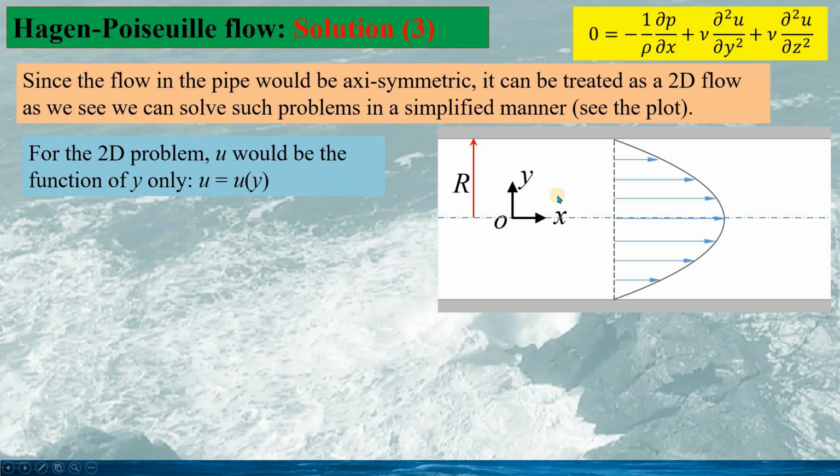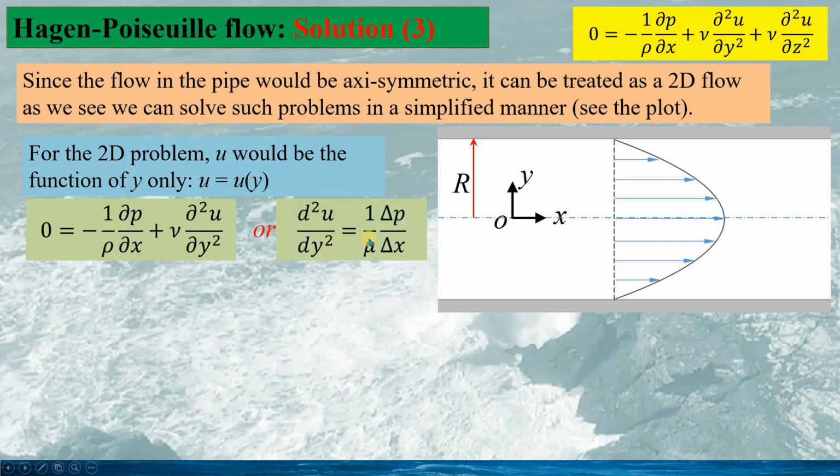We use y here. Sure, we can also use z or any other variable, but the result would be all the same. For the 2D problem, the simplified momentum equation would be further simplified, given as this.